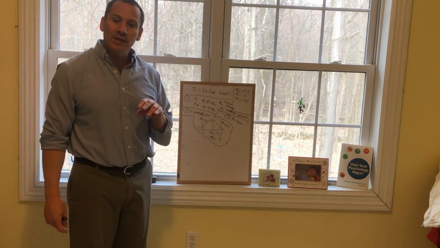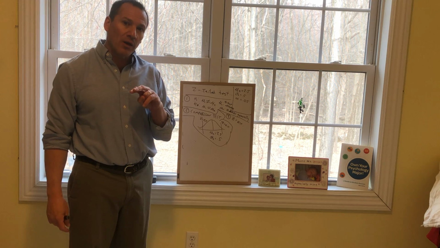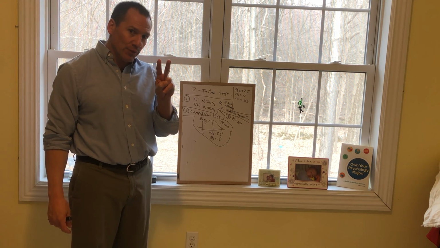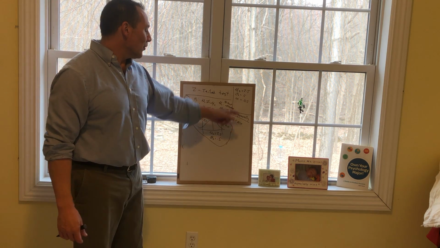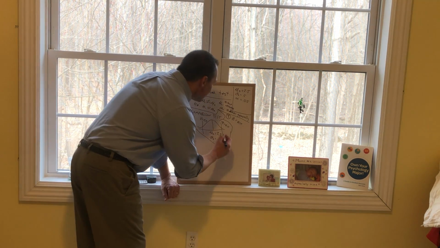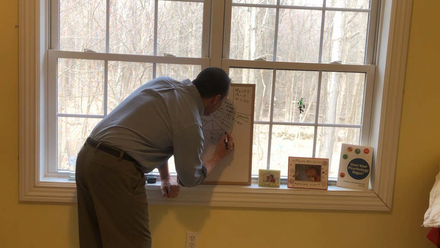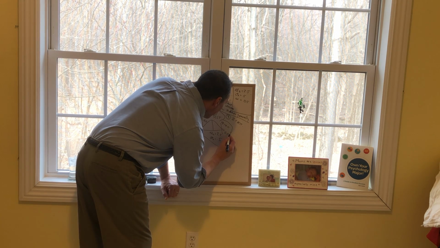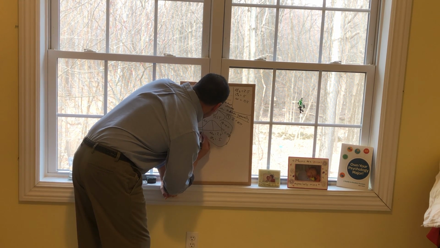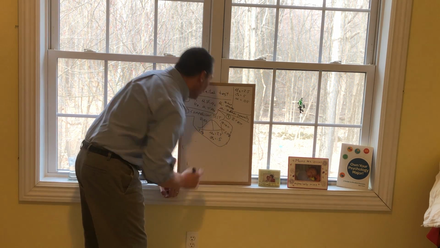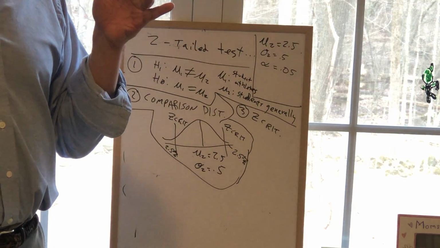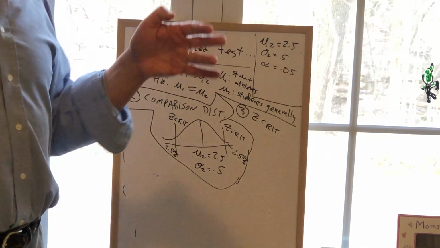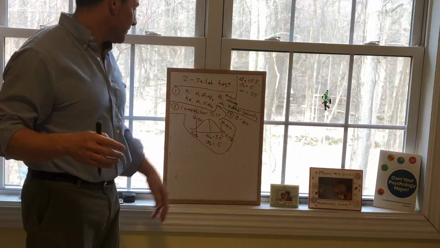And alpha now will be split between those two parts of the distribution. So alpha is 0.05. What that kind of means is that 2.5% will be here, and 2.5% will be here. So I'm taking the 5% and splitting it among these two different regions.